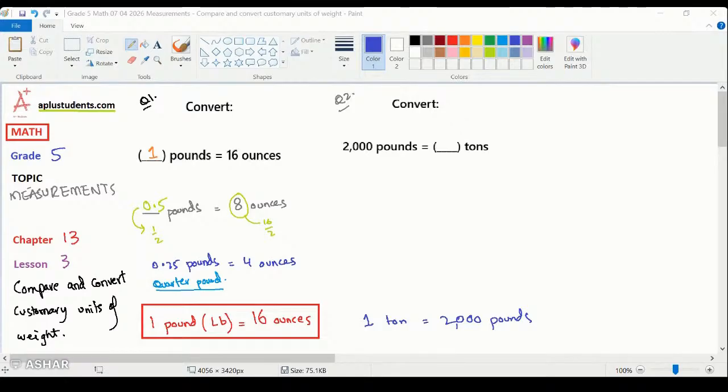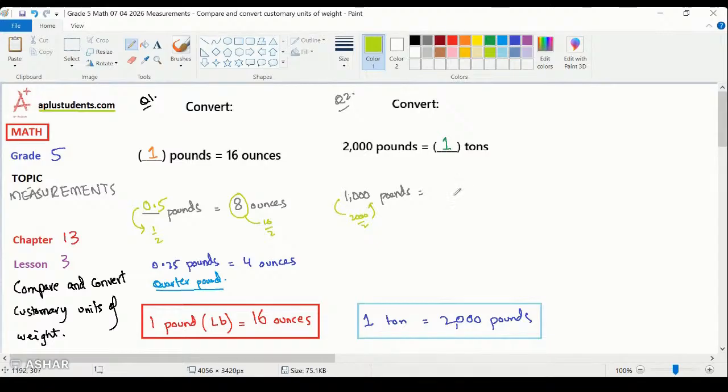Okay, so if 1 ton equals 2,000 pounds, let's break this value into smaller values. We can simply write over here that 2,000 pounds would be equals to 1 ton. But if we would want to say 1,000 pounds, what we are doing over here is this value, 2,000, is divided by 2, that equals 1,000.